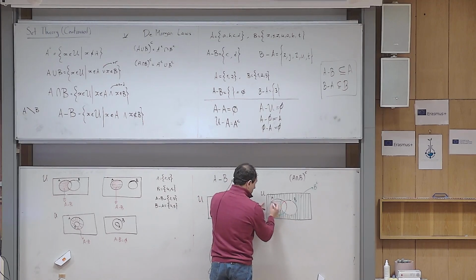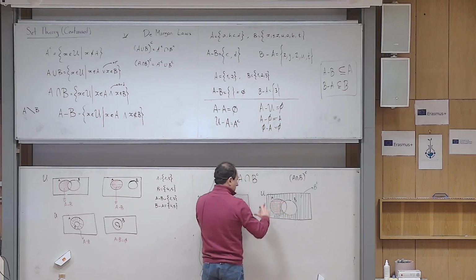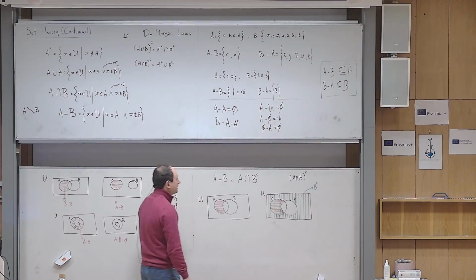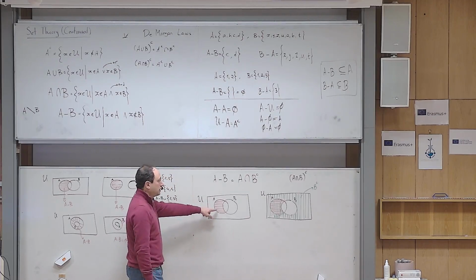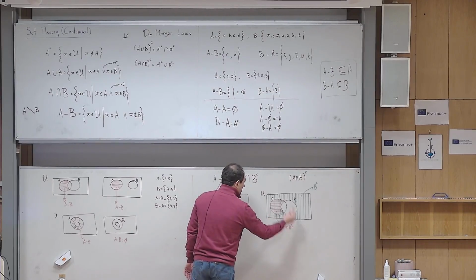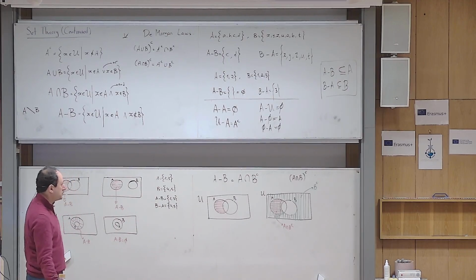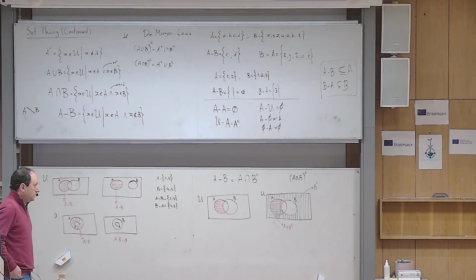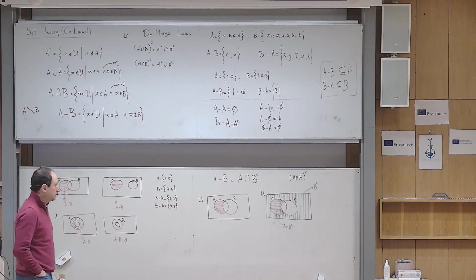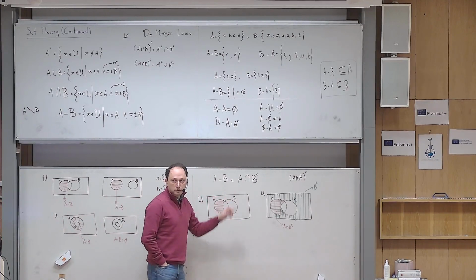Do you agree? The overlap between the green region and the circle representing A is that region, which is exactly identical to this. So this one is, on the other hand, this. So hopefully you are convinced. But let us do it rigorously. Okay, do you remember, if I want to prove two sets are equal, what should I show?